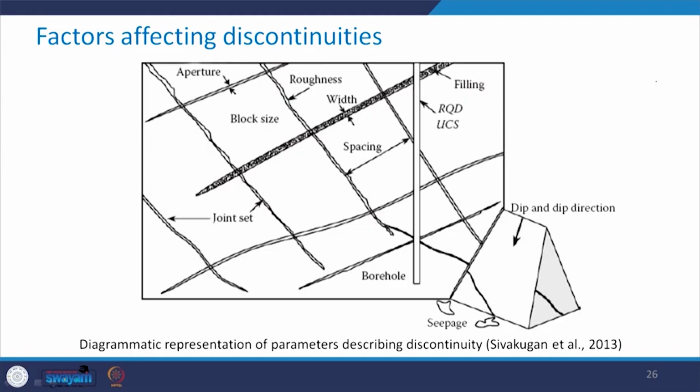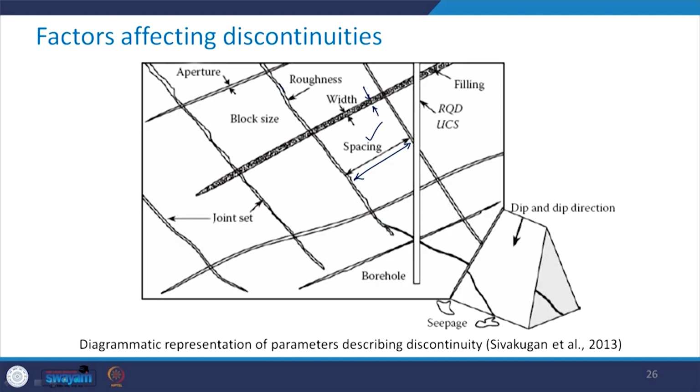Now, to summarize all these factors, here is a figure giving a diagrammatic representation of the parameters which describe the discontinuity. Let us start one by one. You can see how the spacing is defined between the two joints. If there is infill, then you measure this and find out the width.